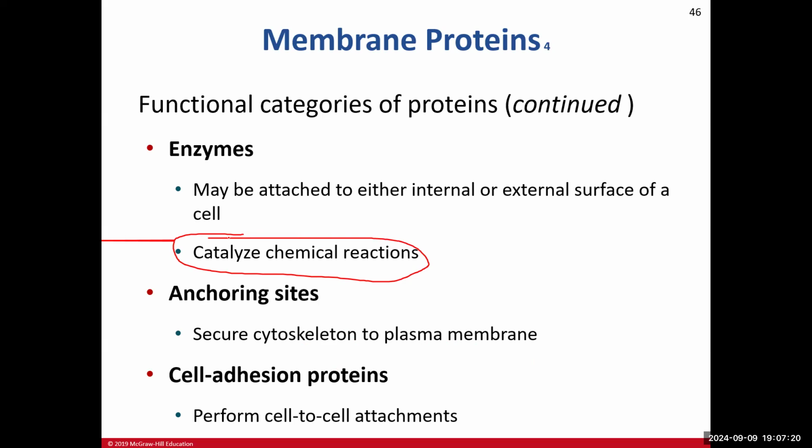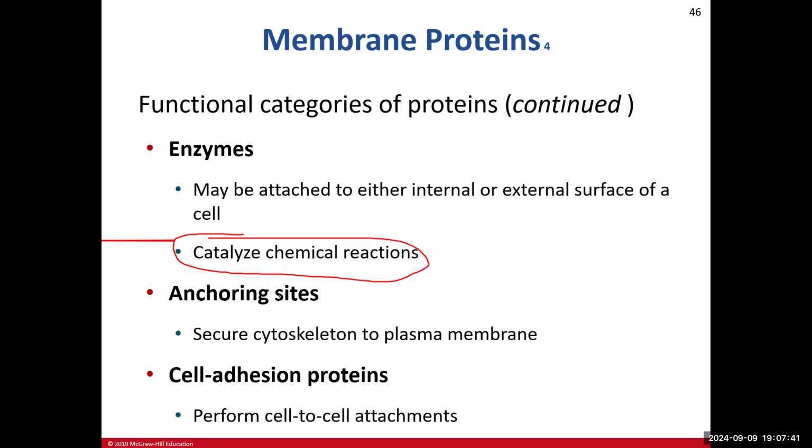The catalyst will be that spark that initiates that chemical reaction. So proteins play a big role in making those enzymes. We just talked about the digestive enzymes of the lysosome, and those digestive enzymes will break things down, so they can actually break down chemical bonds or bonds between molecules.